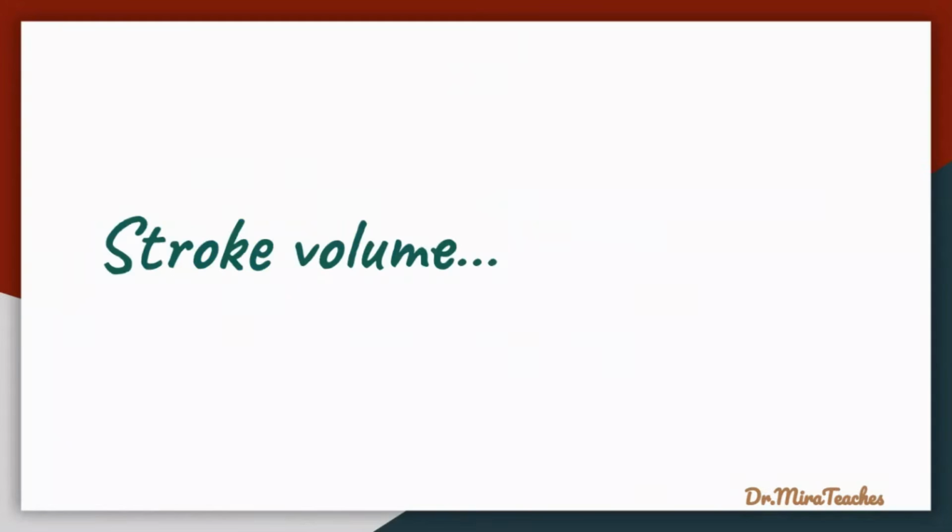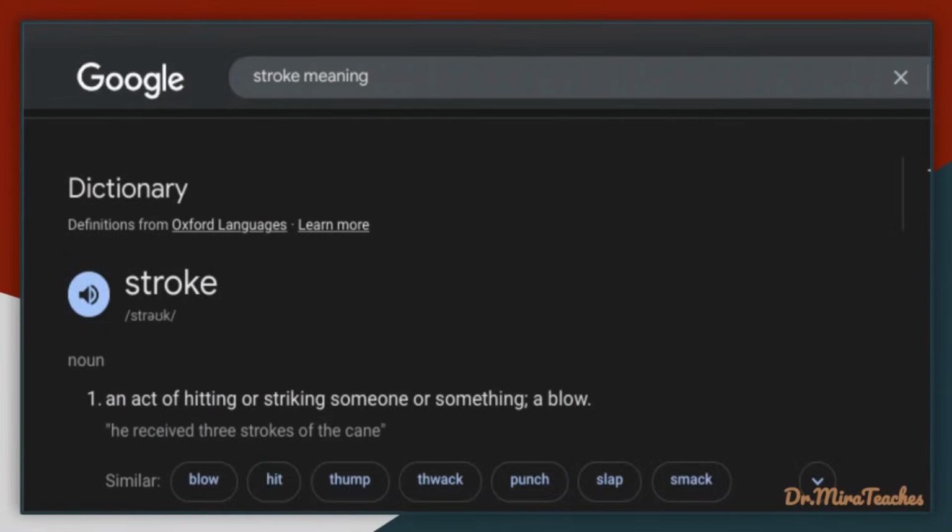Okay. Let's look at what stroke volume means. Now, let's go back to the dictionary. Stroke means it is an act of hitting or striking someone or something. That is a blow. If you look carefully, you realize that the word stroke comes from the word strike, and strike means to hit someone.